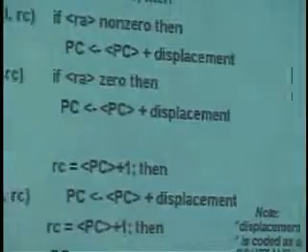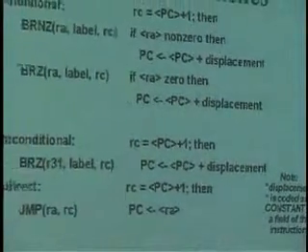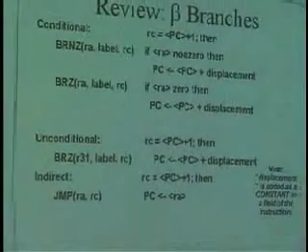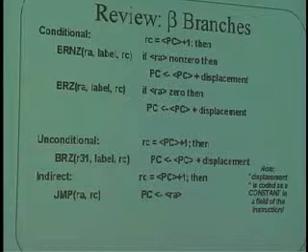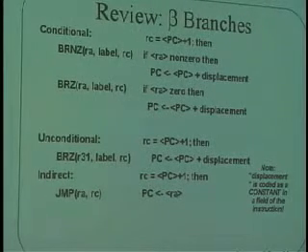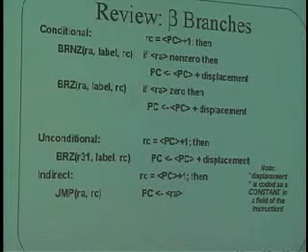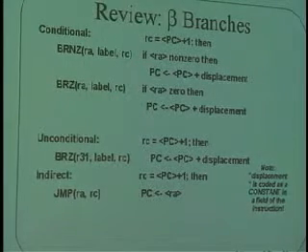Okay, let's take a look at branches. First, let's review how they work. Branches are these things that test register A, and depending on whether or not the contents of register A are 0 or not 0, and depending on what kind of branch we have, whether a branch that checks for not 0 or a branch that checks for 0, we conditionally update the PC with an increment of where we are right now.